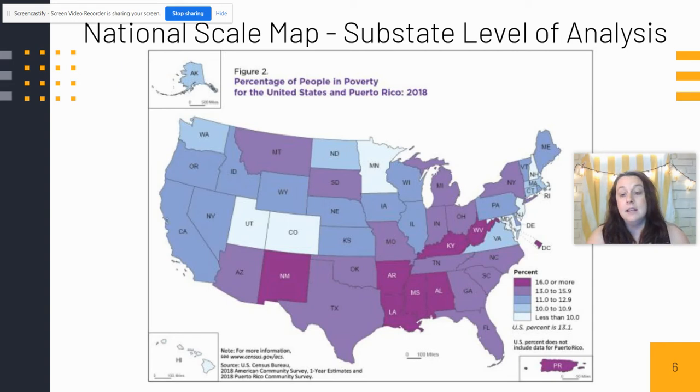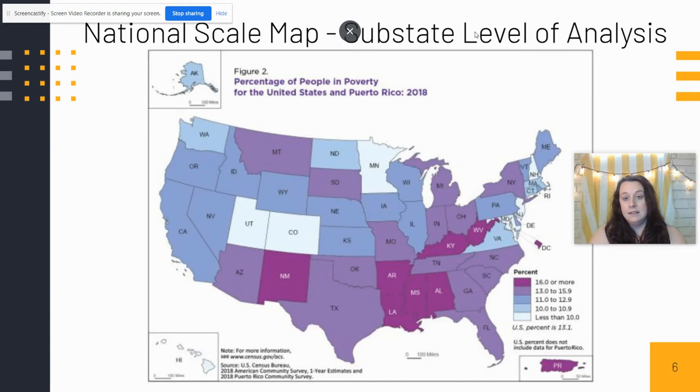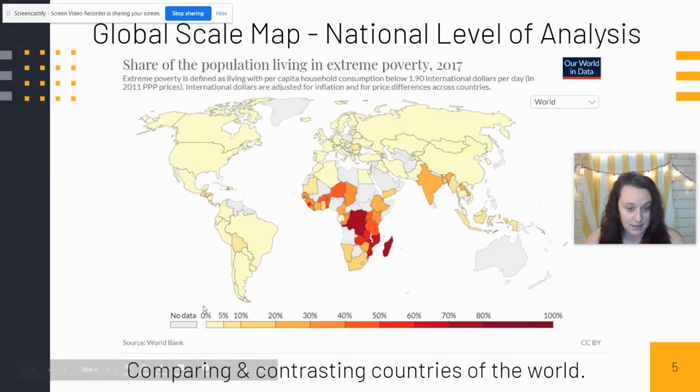So now let's zoom in a little bit. This is a national scale map. You can see the whole country of the United States, including Alaska and Hawaii, but it is a sub-state level of analysis. If this was a national scale of analysis, then it would just tell me that 0% of people in the US live in extreme poverty.